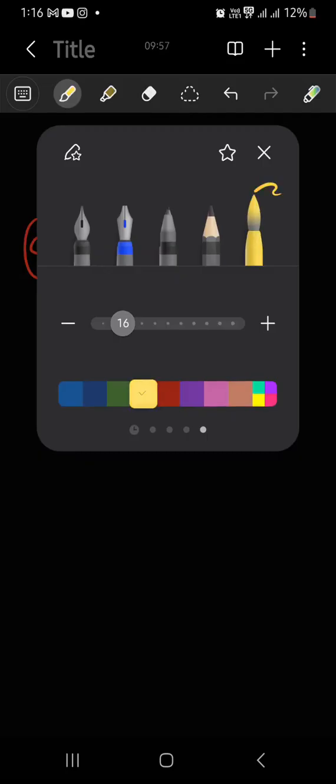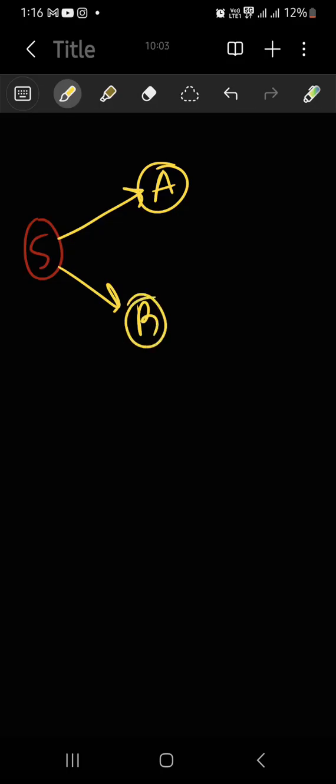Now what I need to see is, if we do something like this: S, then over here A, then over here B, and then from here I am going to the goal state G. The actual distance from S to A is 100.